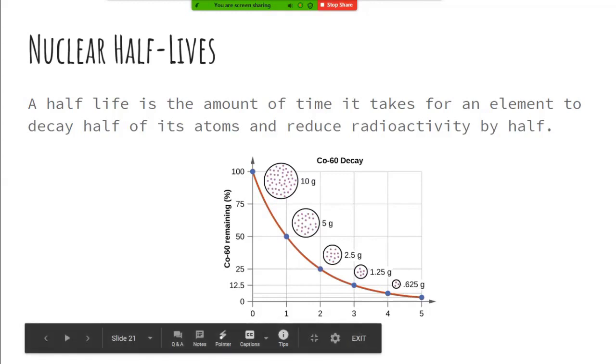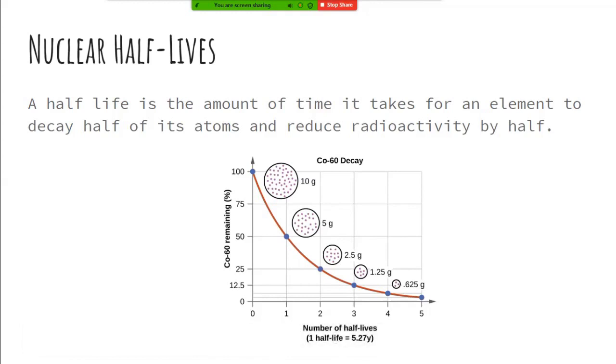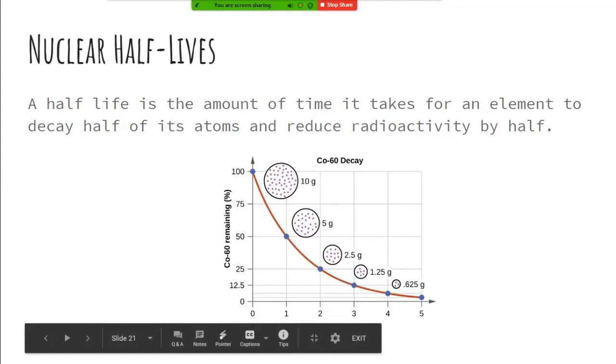It says that each half-life for cobalt-60 is around 5.27 years. So this number one is after 5.27 years. This is 10.54, and so on. It keeps adding 5.27 years each time.